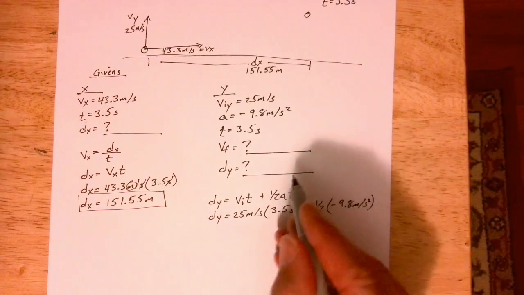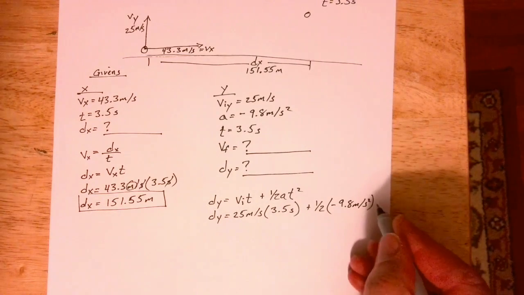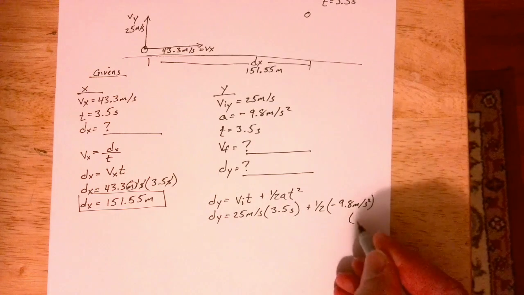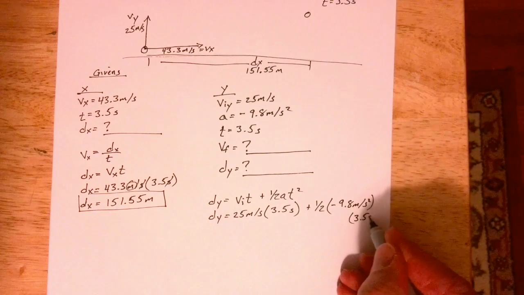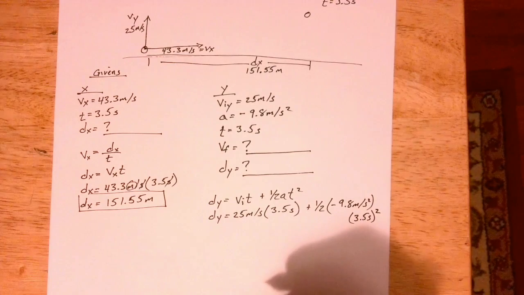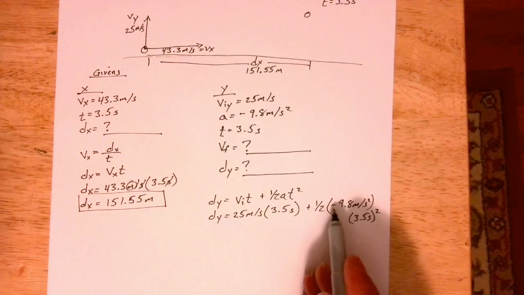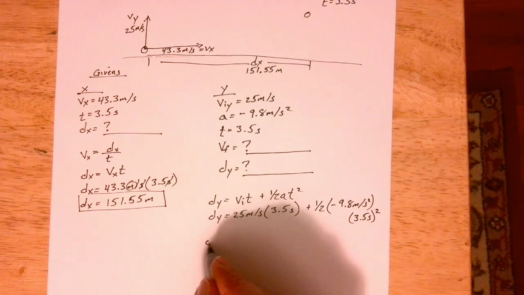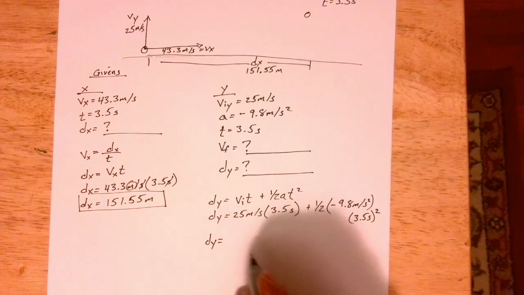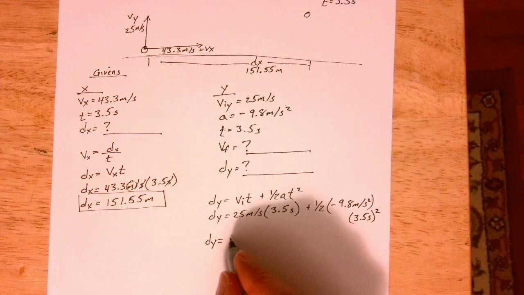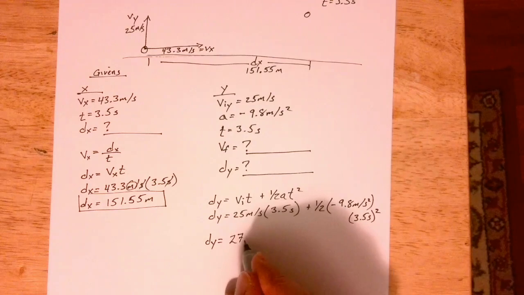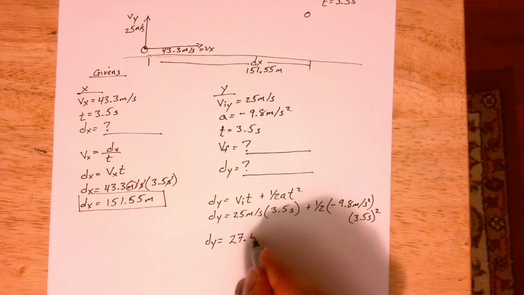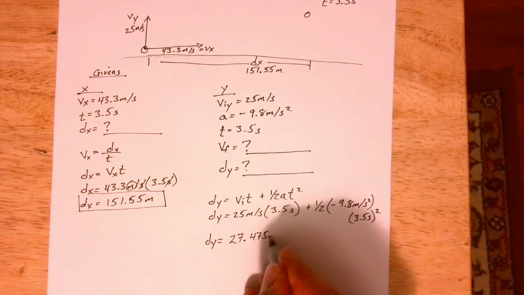And I'm going to run out of room here, so I'll put the time down here, 3.5 seconds squared. Now again, remember, you want to keep this acceleration still negative. It'll still work out fine. And when you solve for the distance in the y direction, you get a value of 27.475 meters.